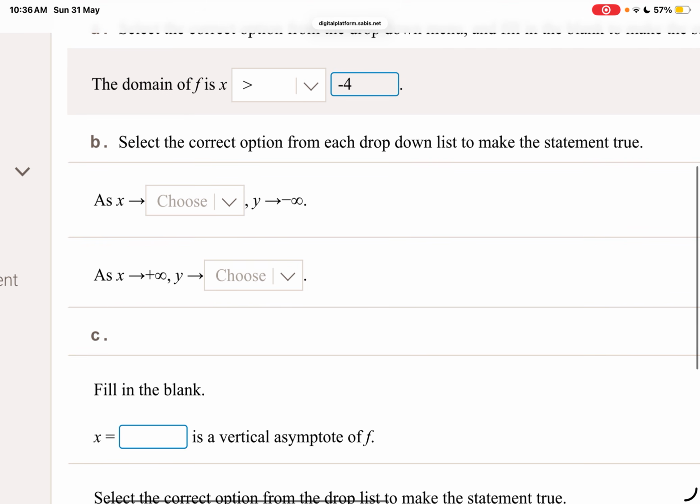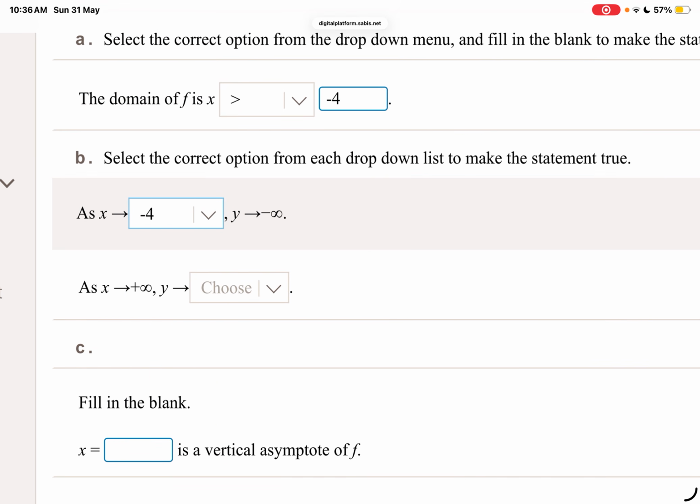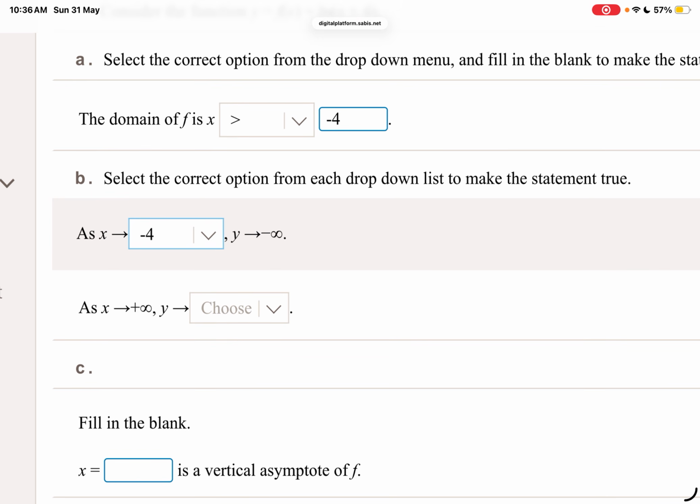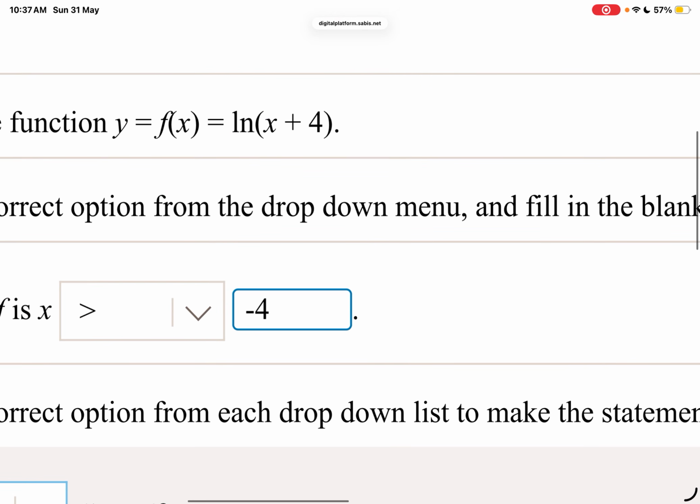Part B, as x approaching. Now first you approach it as the main number, which is minus 4 here. So as x approaching minus 4, when you place minus 4 in x, y will approach negative infinity. It will be in the negative side, because here it will be ln of minus 4 plus 4, which is ln of 0, and when ln of 0 it will be in the negative.